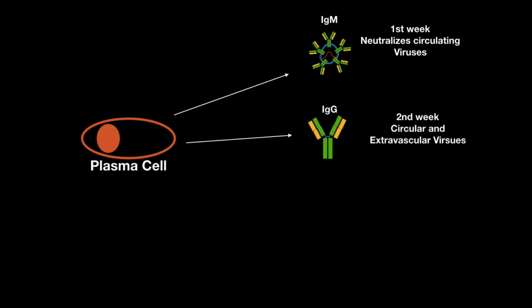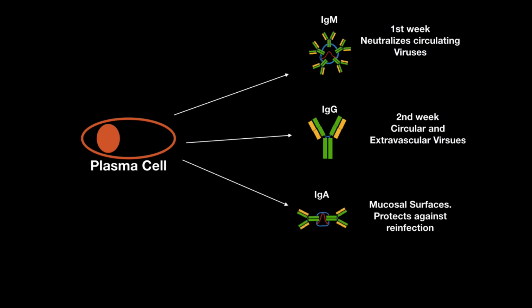But during the second week, after all the T cells and B cells have reacted, IgG is released. That's why IgG takes a little more time. It circulates around your body and looks for viruses, and it can also catch extravascular viruses, even when the viruses are inside the cell. As a result, you can also find IgA on the mucosal surface to protect against reinfection.